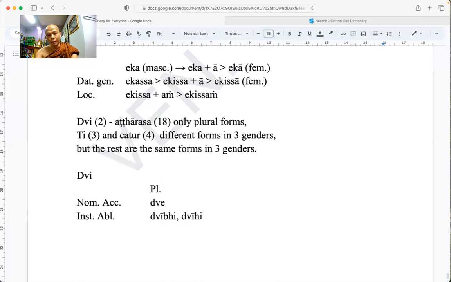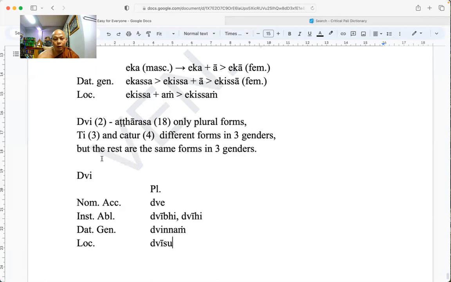Okay, and then the dative and genitive plural is doing. Okay, doing. And then the locative case plural, dui su, in this way, dui su.